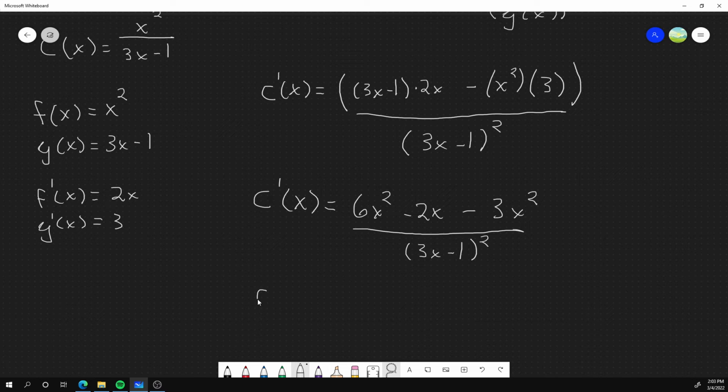C prime of x is going to be equal to, so what's 6x squared minus 3x squared?